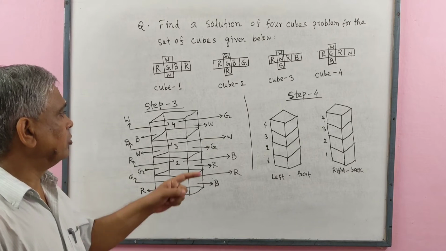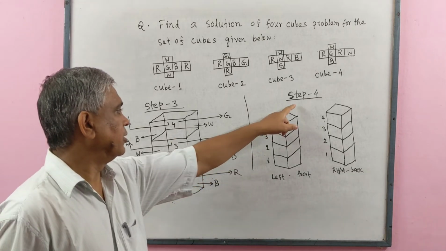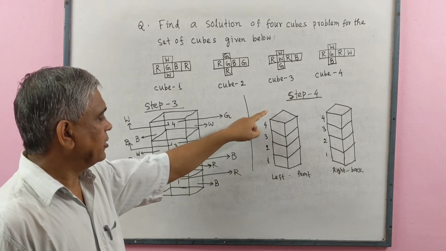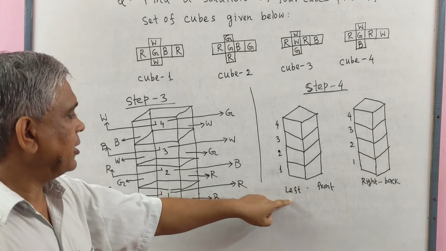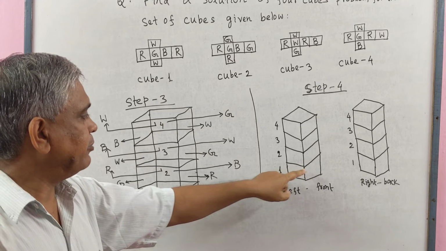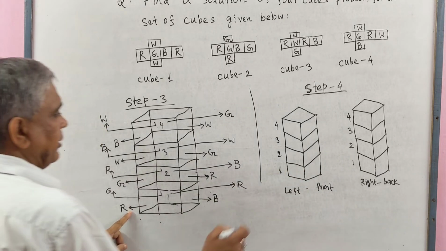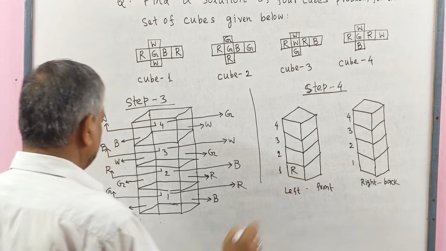Now we go to step 4. Here we have 4 cubes. We give the color in left and front. Here on the left we see that for the first cube we have R, red color.